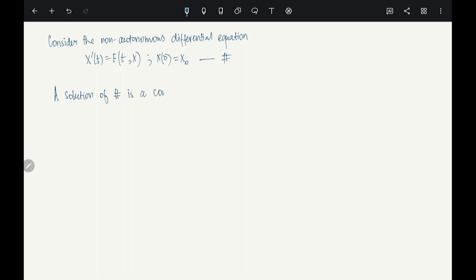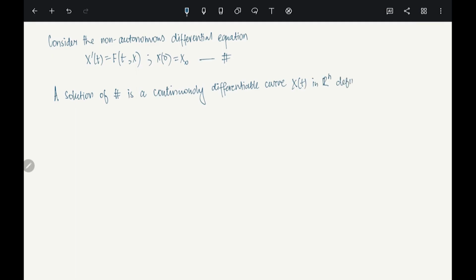Let's just put it this way: a continuously differentiable curve x of t, and where is it? In Rn. Clear?